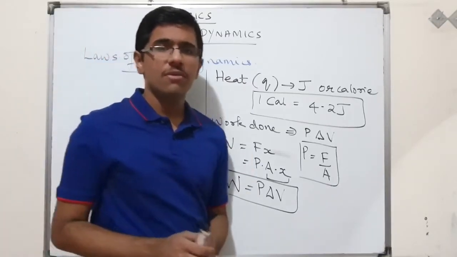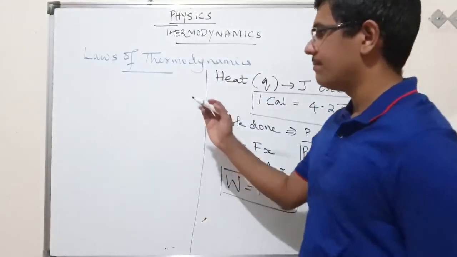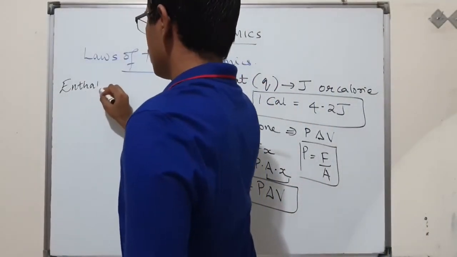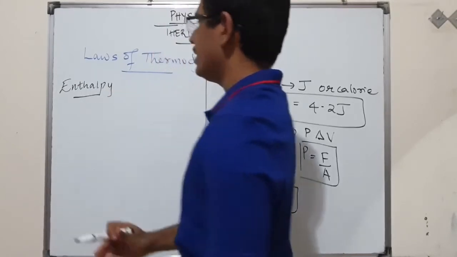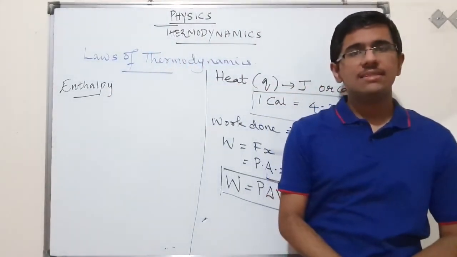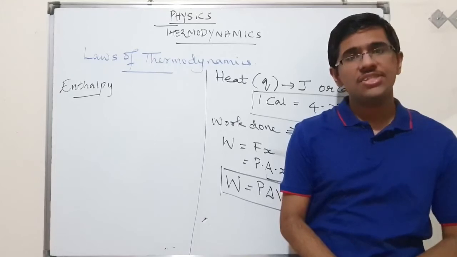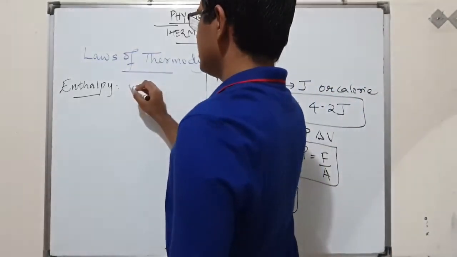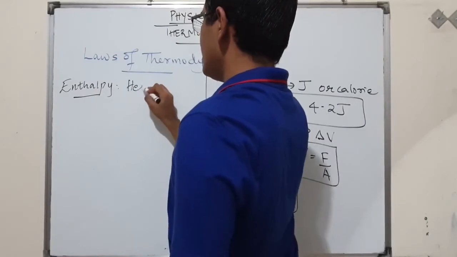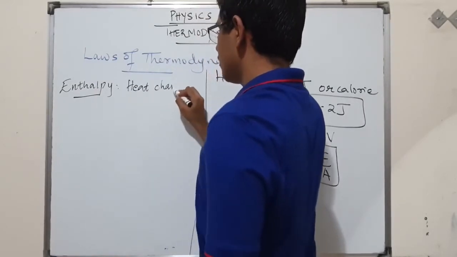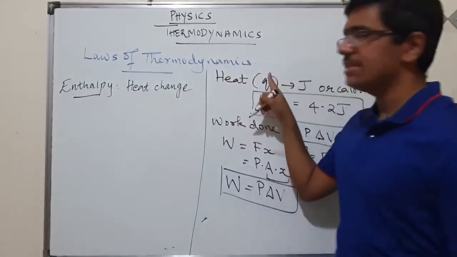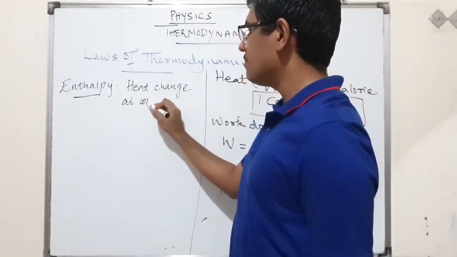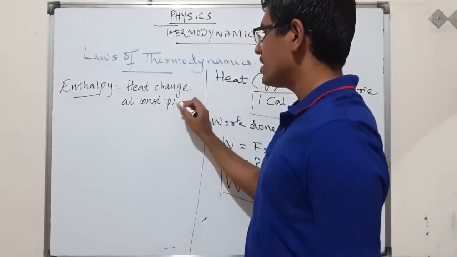Another term which you have to remember is known as enthalpy. What is enthalpy? Enthalpy is nothing but heat change at constant pressure. So enthalpy is defined as the heat change, that is, a change in the value of Q at constant pressure.